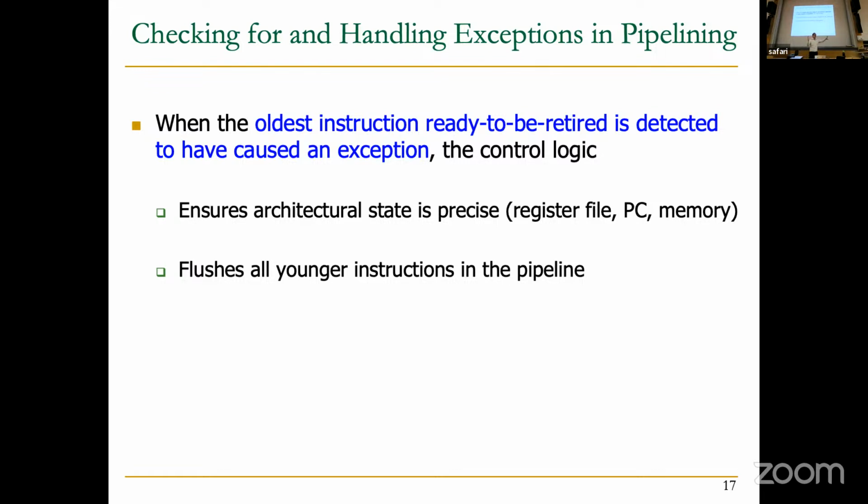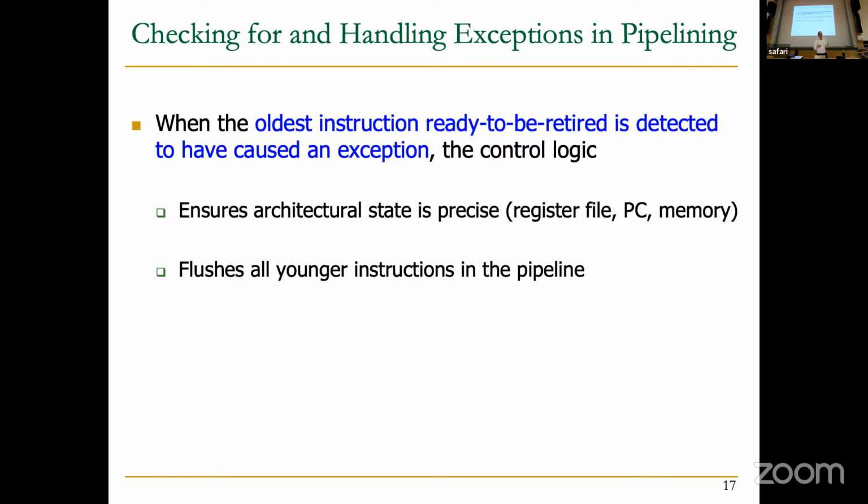All of the younger instructions are speculative because the oldest instruction may cause an exception, right? So you should make sure that the oldest instruction is the one that's checked for retirement. And if it causes a problem, meaning if it's going to have an exception, or if there's an interrupt that you need to handle at that point in time, you ensure that the architectural state is precise and you flush all the younger instructions in the pipeline so that they do not update the architectural state.